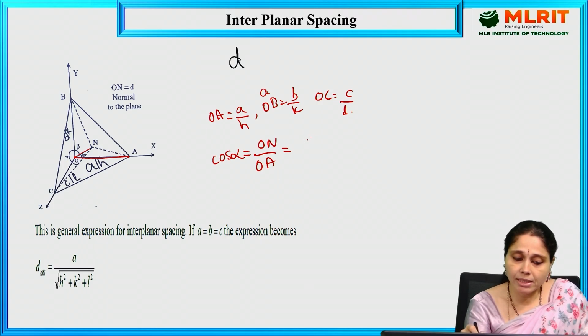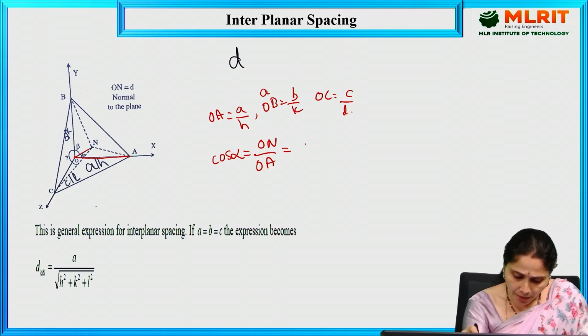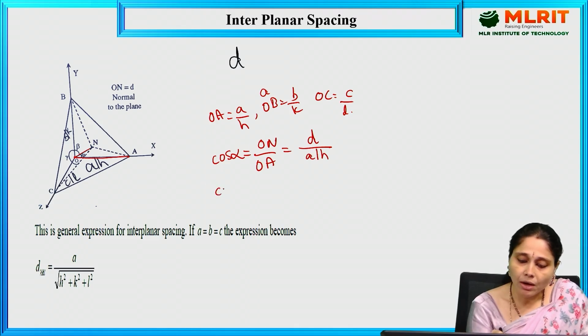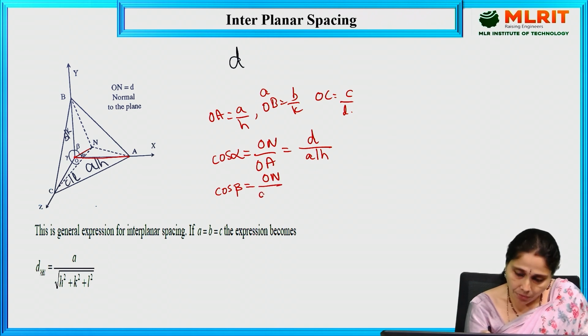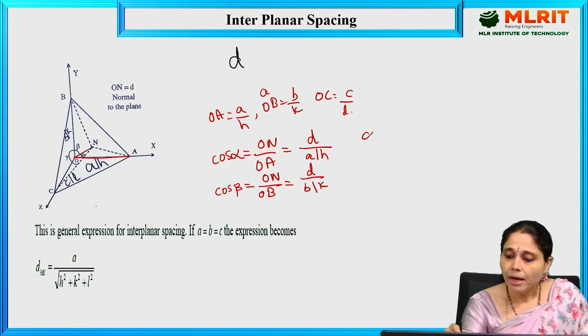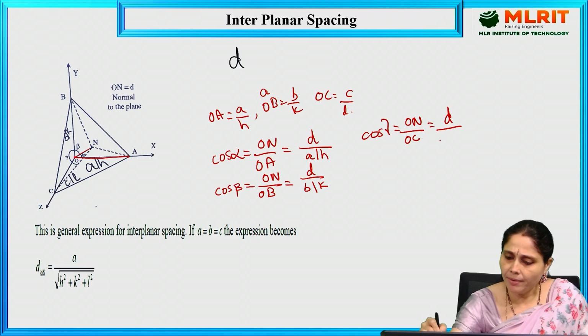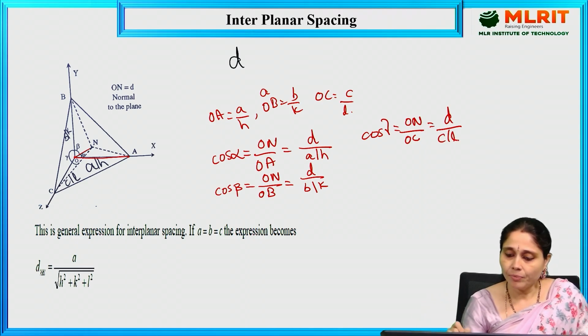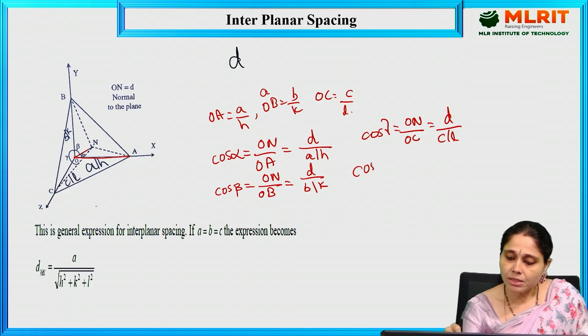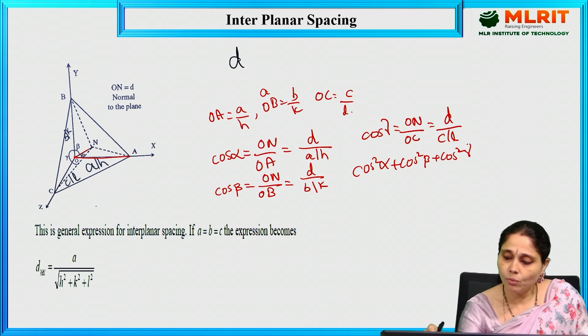ON is represented as D, the interplanar spacing, and OA is equal to A by H. Now, cos beta is equal to ON by OB, that is equal to D by B by K, and cos gamma is equal to ON by OC, that is equal to D by C by L. Now from the cosine law, cos square alpha plus cos square beta plus cos square gamma is equal to 1.